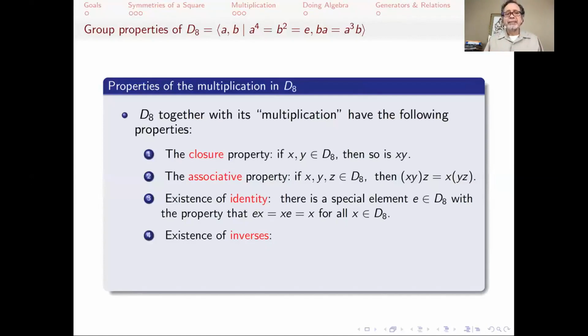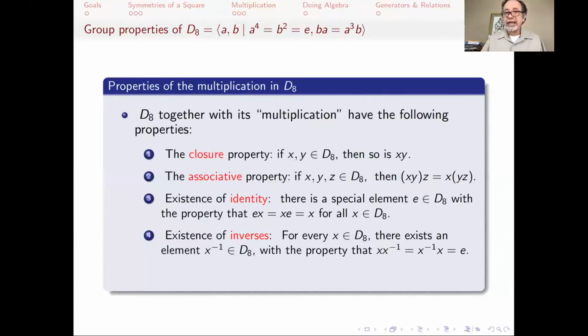The final property is the existence of inverses. So what does that mean? That means that for every element in D8, every one of the symmetries, we can undo it. If you didn't like H, well, you can do H again, and you're back where you started. If you didn't like R90, then you do R270, and you're back where you started. You're back to E, back to doing nothing. And so for every element X in D8, there's some other element, its friend, or maybe its enemy, that when you multiply X and that element, either way, you get the identity again.